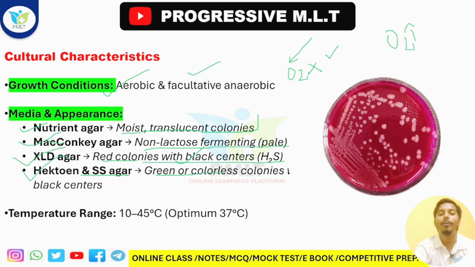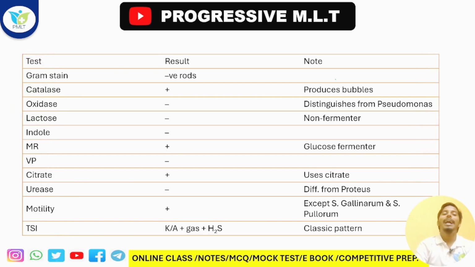Green or colorless colonies might be formed, and you need to memorize that the temperature should be 37 degrees centigrade. Got it? An example of each culture media is given in every slide. Find the picture so that you can visualize what I am talking about and what I want to teach you. Understood?